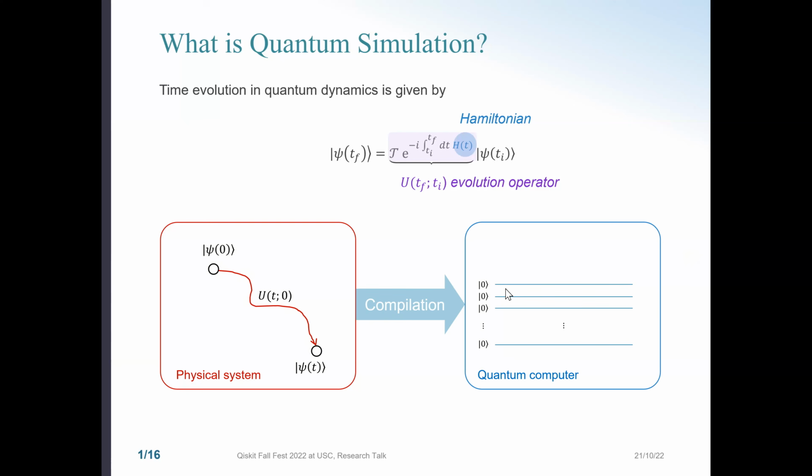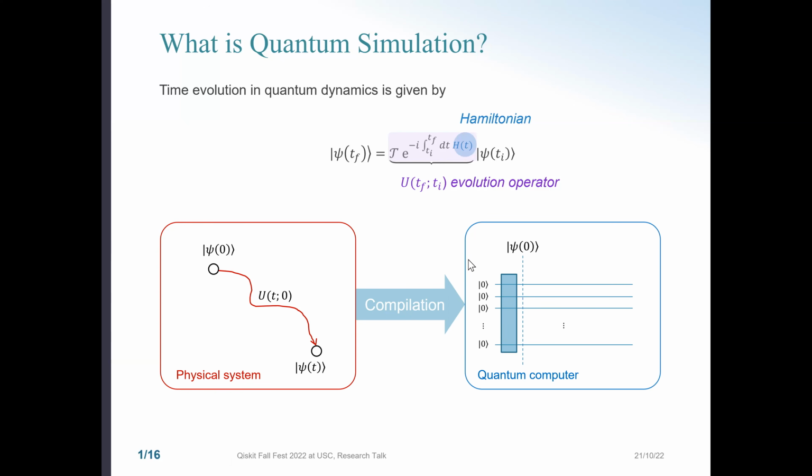Like here, as you did in the exercise, you encode the integers 0 and 1 to a qubit, right? And it can be more complicated to include more information. So here I can encode a state to multiple qubits. Then to get a specific initial state, one could apply some gates.